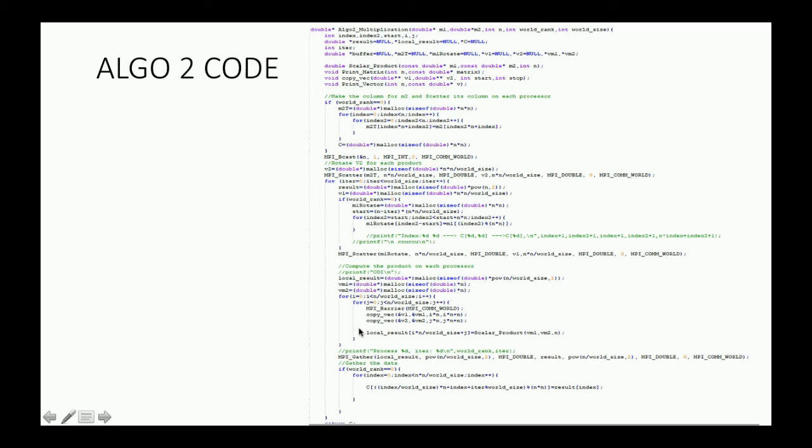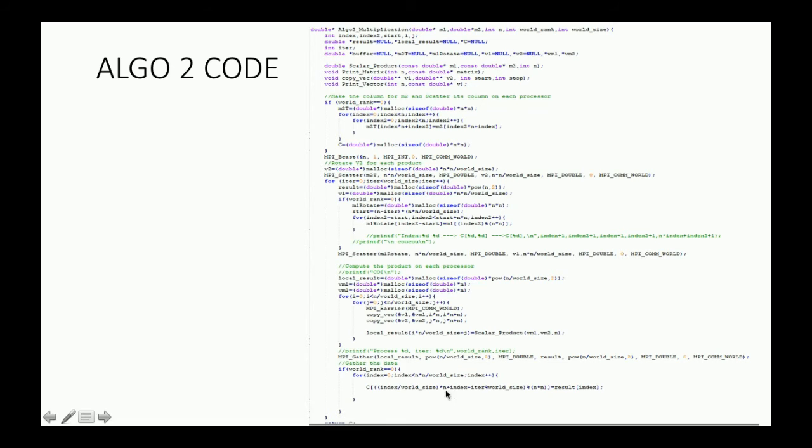For each row and column, we do a dot product between each row and column of the two matrices. And then at the end, we gather the result.